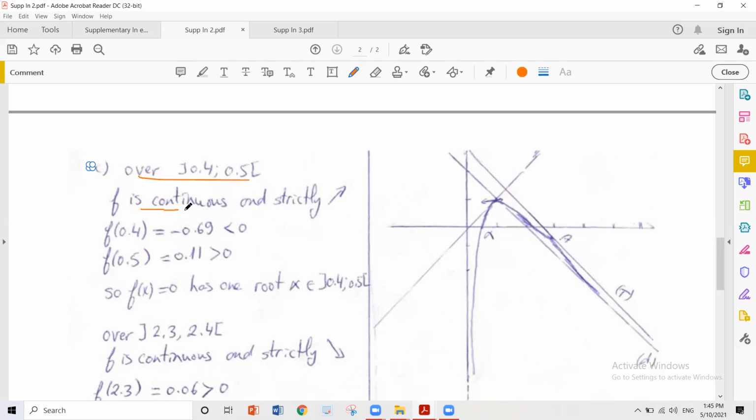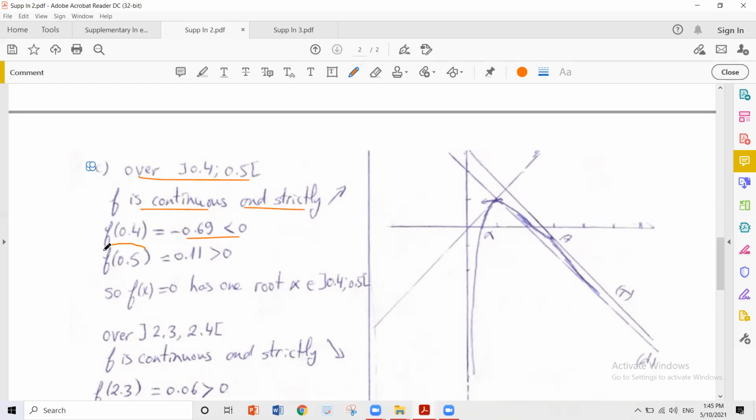F is continuous and strictly increasing. We determine f of 0.4 is minus 0.69, which is negative.